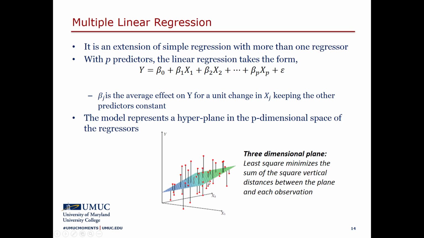So the least square minimizes the difference between any observed point and a point on the plane. Now, in higher dimensions, it becomes very difficult to visualize this hyperplane, but the concept extends and still applies. You can apply least square to minimize the difference between the observed values and the fitted hyperplane from the data.